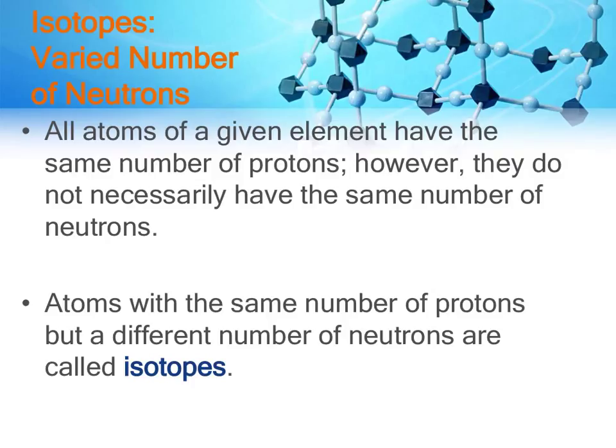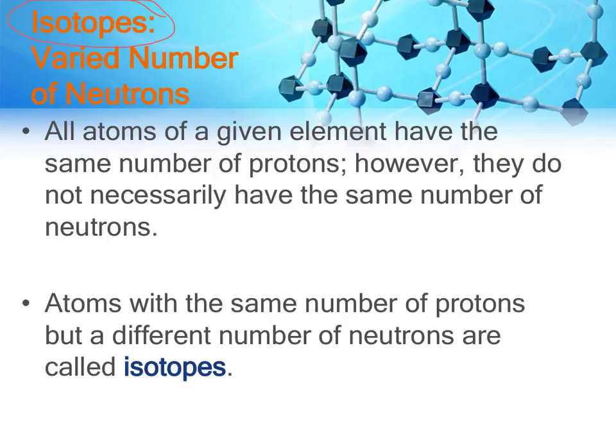Alright, so this is a brief introduction to isotopes. It turns out that almost all elements have multiple versions of the element, and each of those versions is called an isotope. What is an isotope?